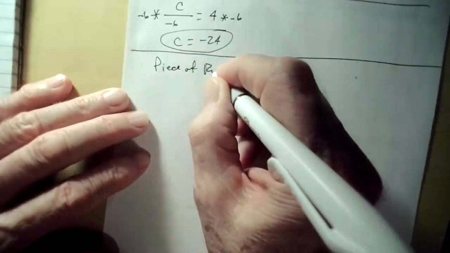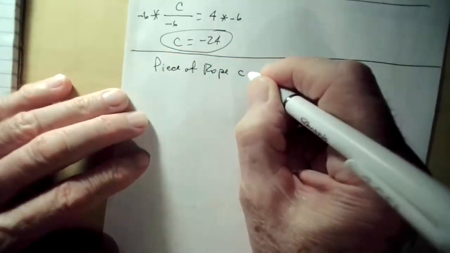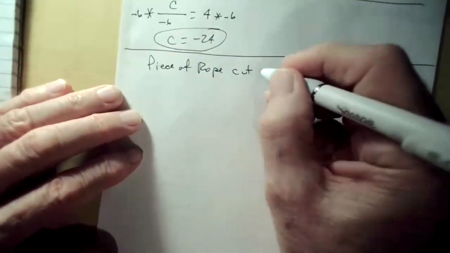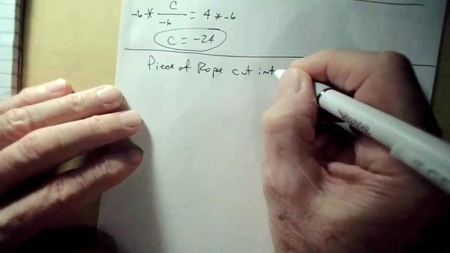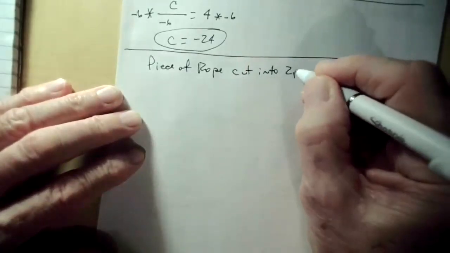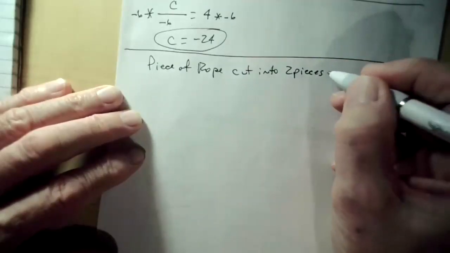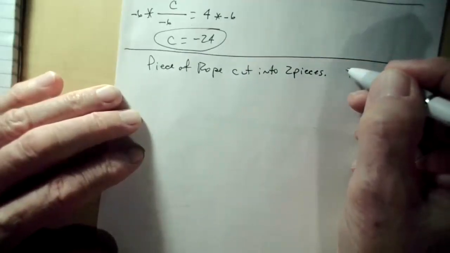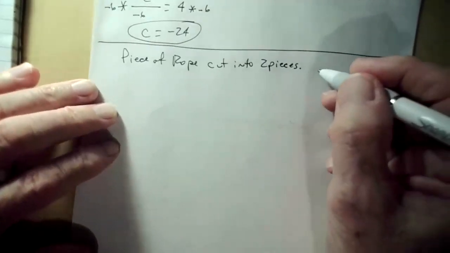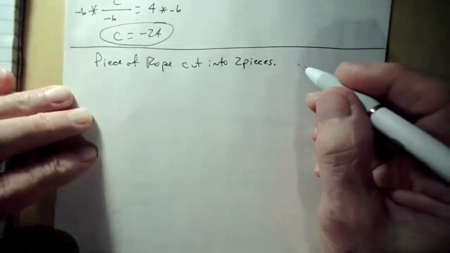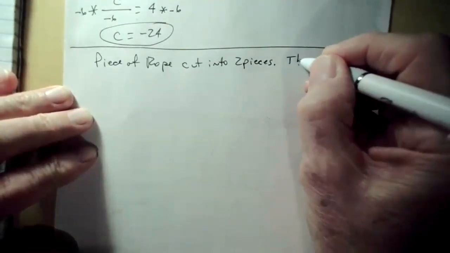You've got a piece of rope cut into two pieces.